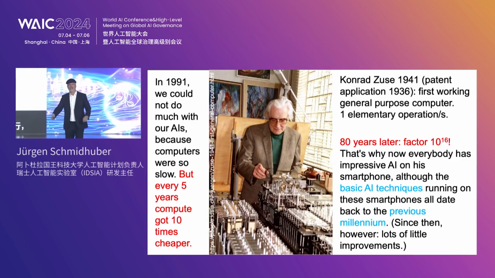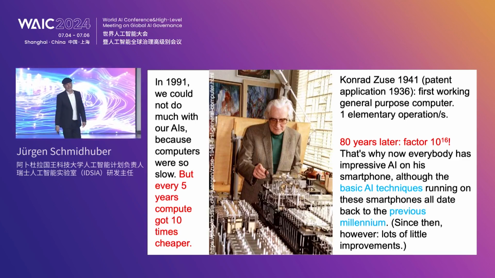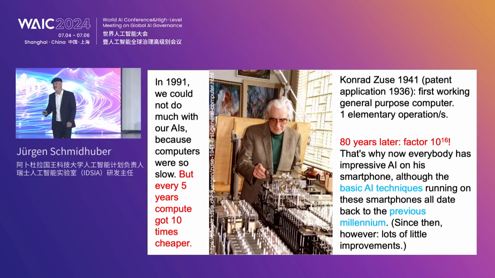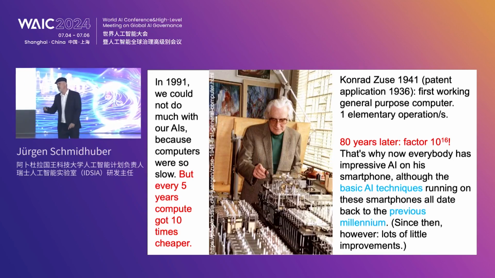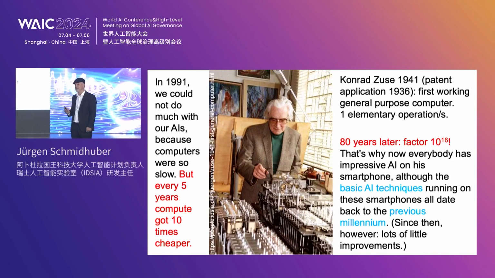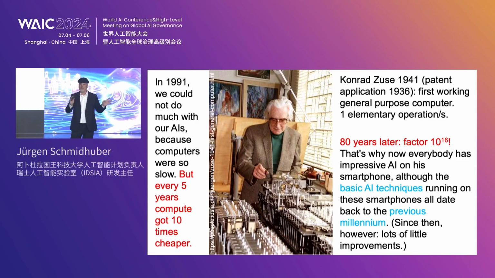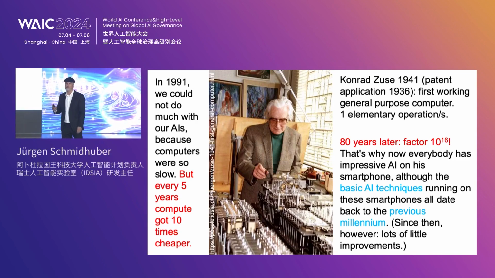And that's the reason why everybody is now using on your smartphones these techniques that were all invented in the previous millennium. So all the basic principles of deep learning were invented in the previous millennium. There's very little that has come in the new millennium. Deep learning is an invention of the previous millennium.